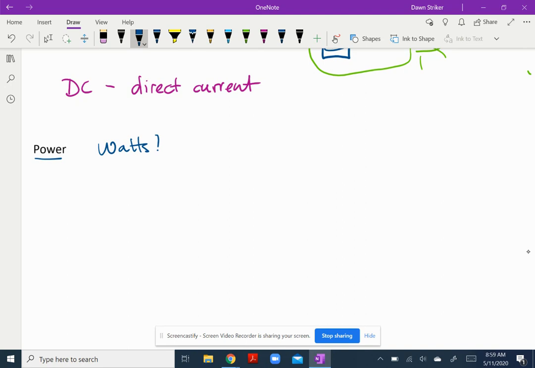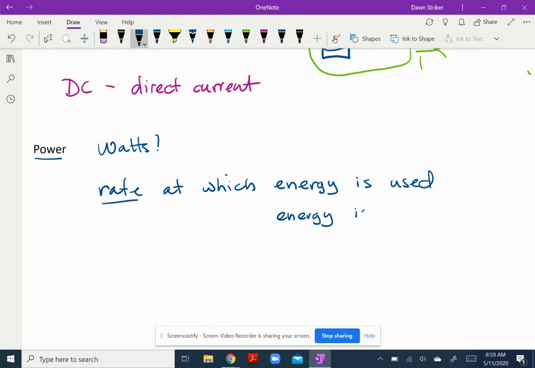All right. Power tells us the rate at which energy is used. Or you could say energy is converted to another form.